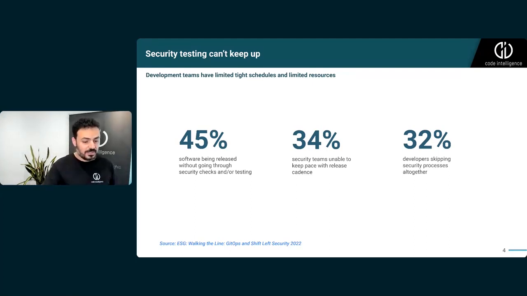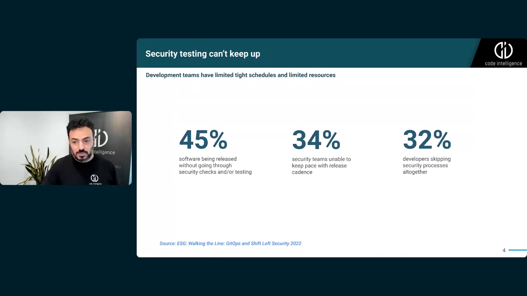In a recent study that was published last year, it was found that almost 45% of software is being released without going through proper security checks or security testing. And 34% of the security teams reported that they are unable to keep up with the release cadence.